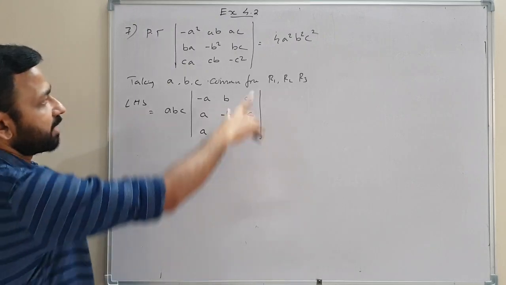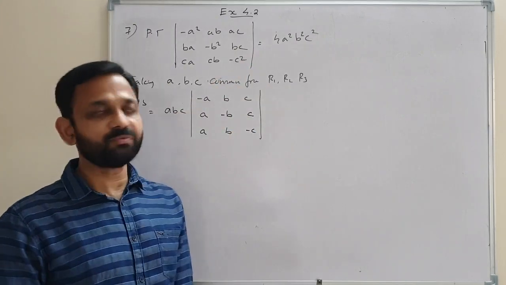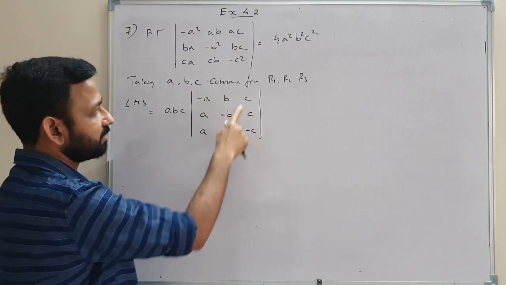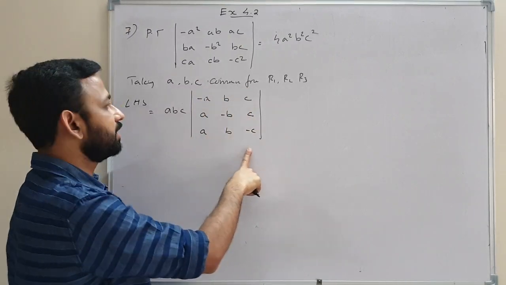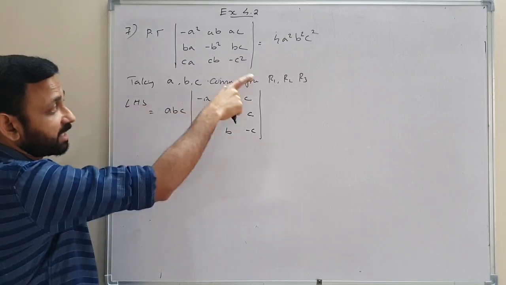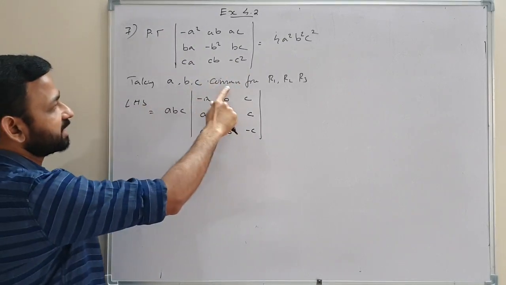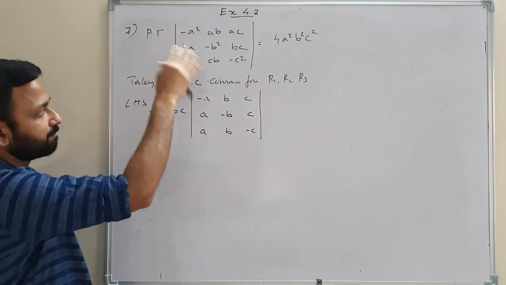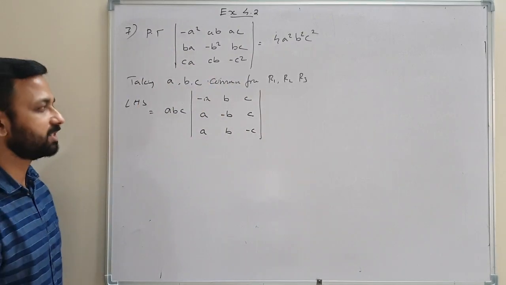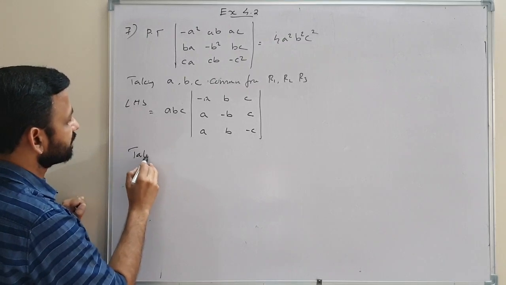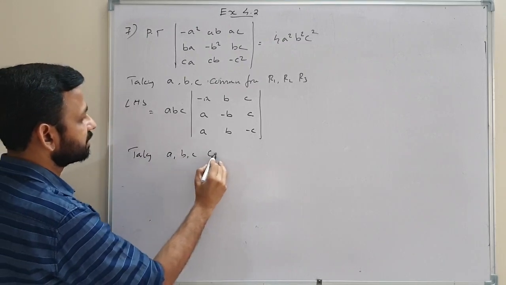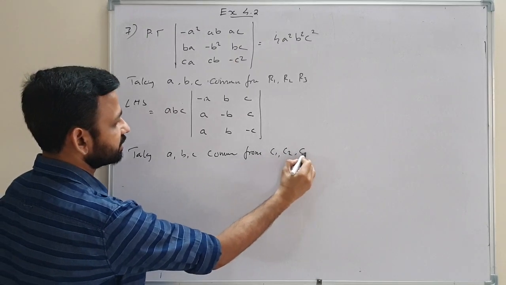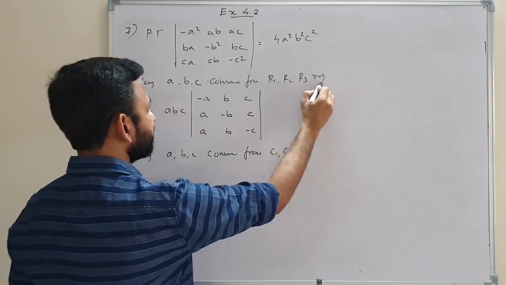Now we want to get a square, b square, c square into 4. So here we can take a outside from the first column, b from the second column and c from the third column. If you want, you can do both the steps simultaneously: taking abc common from R1, R2, R3 and abc common from C1, C2, C3 respectively.